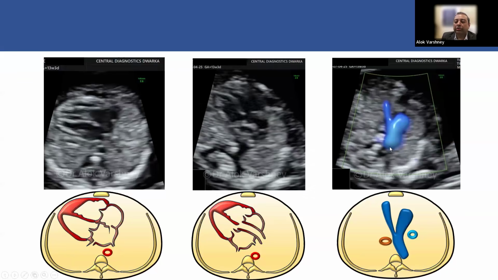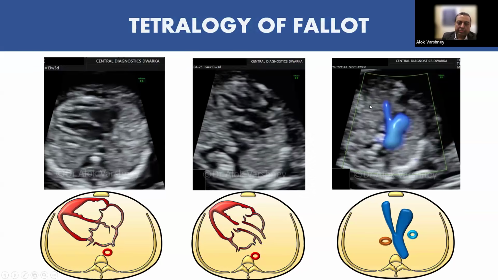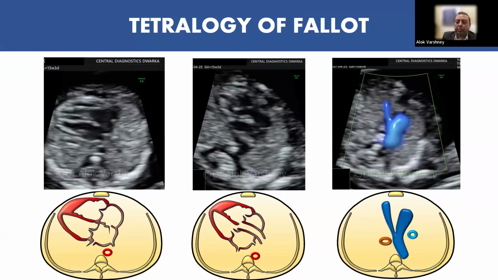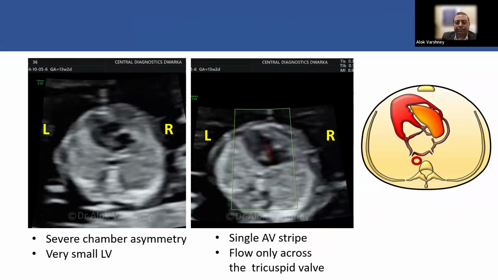Also we notice that the V is forming on the right side of the spine. So this is basically a case of tetralogy of Fallot with right-sided aortic arch. This was diagnosed at 13 weeks, 3 days of gestation. So the starting point was that the heart appeared to be deviated, rotated. That's the starting point in many, many cases.